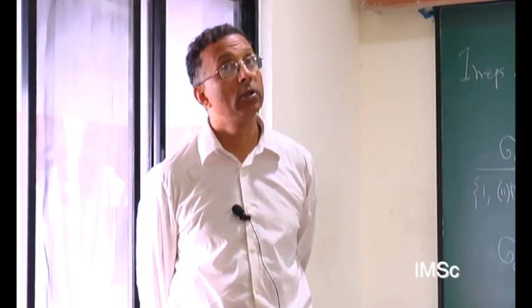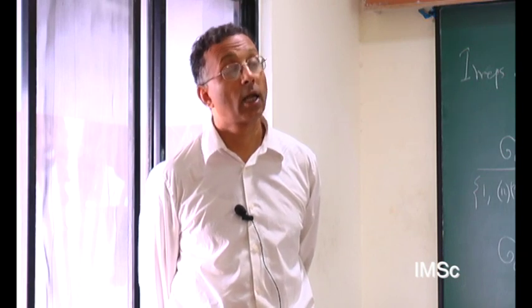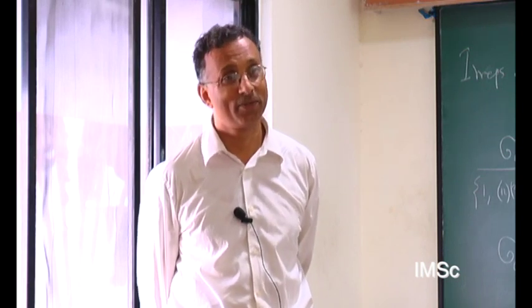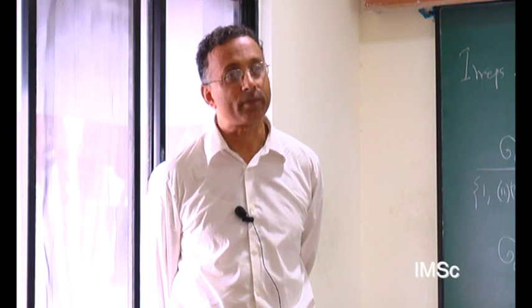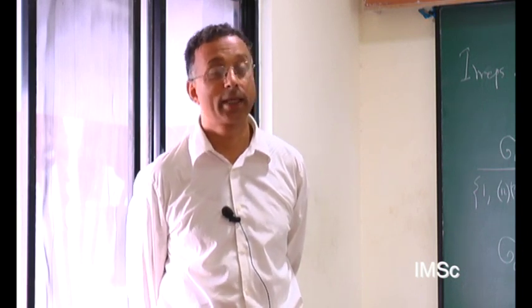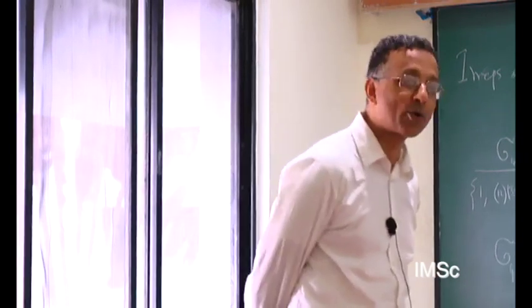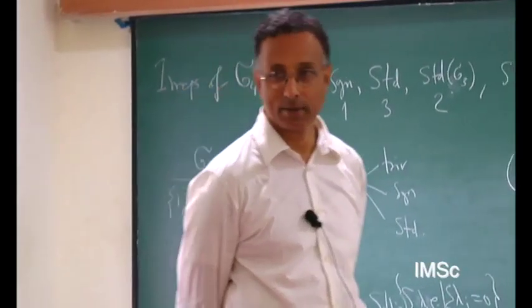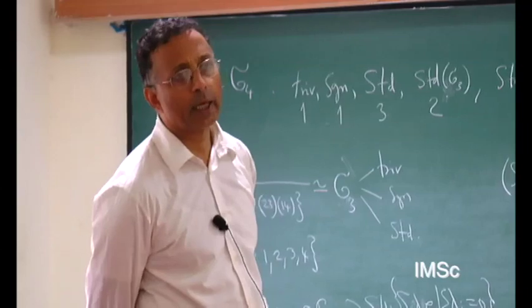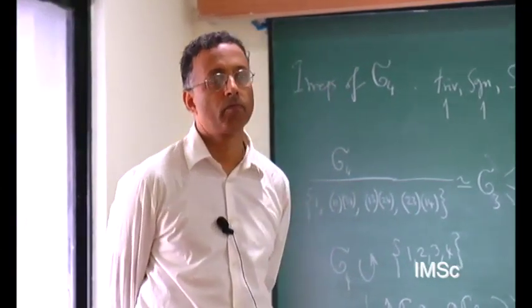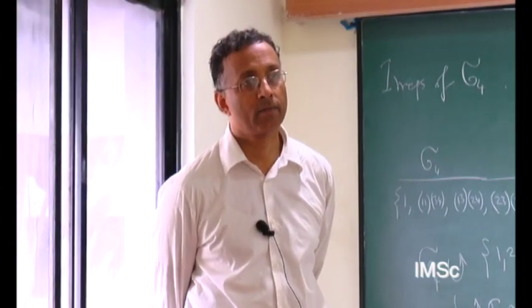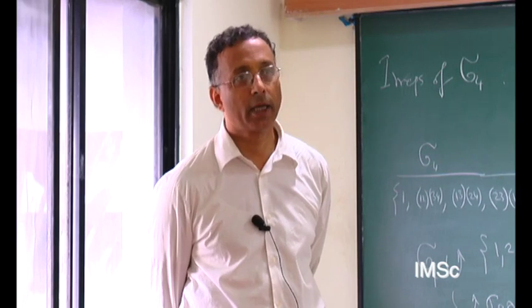That's called a class function, not a character. A character is by definition the character of a representation. So is every class function a character? No, because you can take half a character, half an irreducible character.